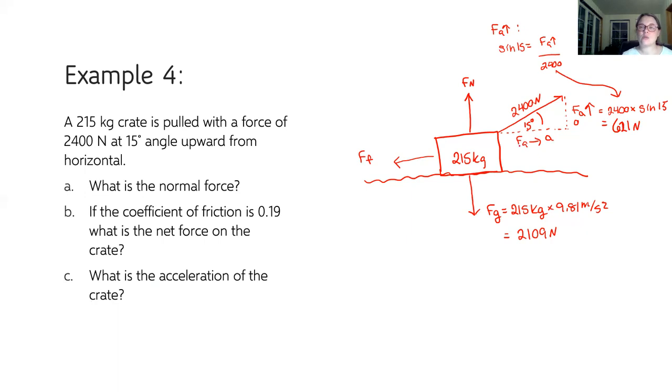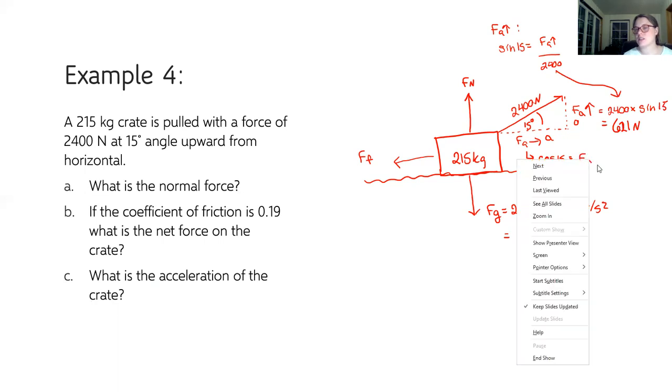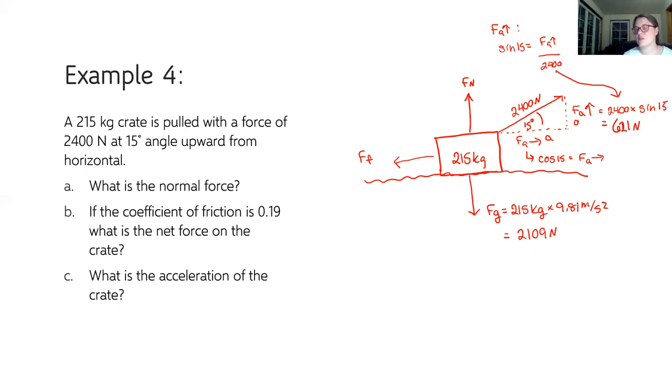Now, I don't need to know the horizontal pull yet, but I will eventually. So why don't we stop and calculate it since we just used some trig. This is my adjacent side, so it's going to be cosine 15 is equal to force applied right divided by 2400.